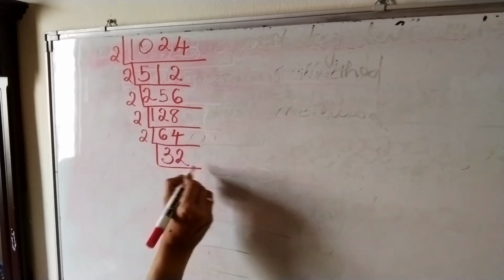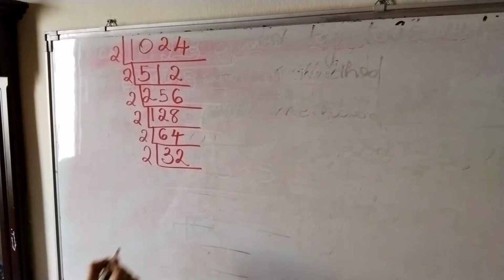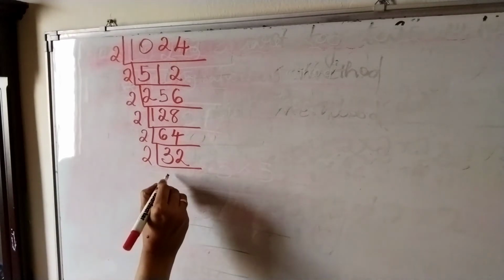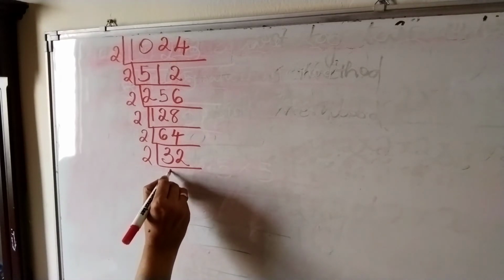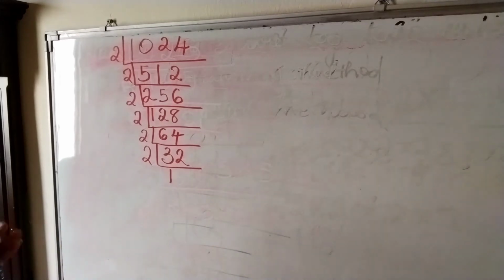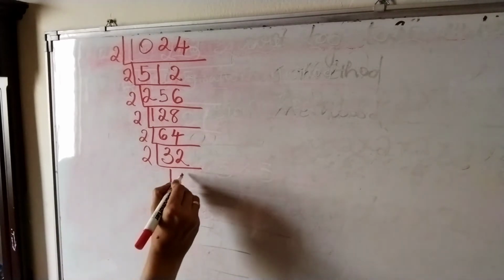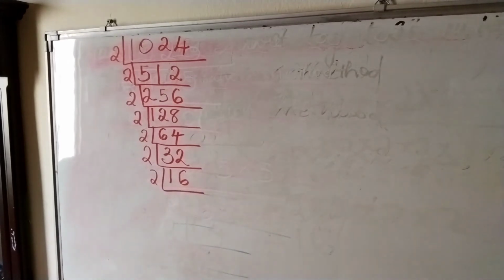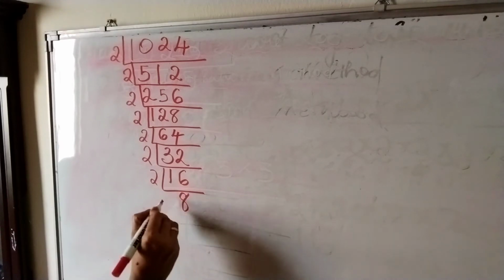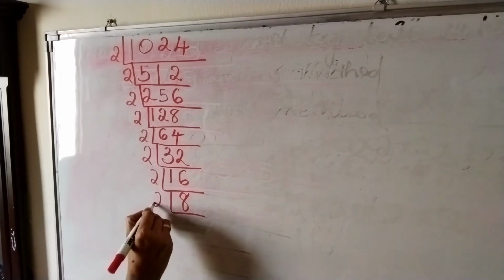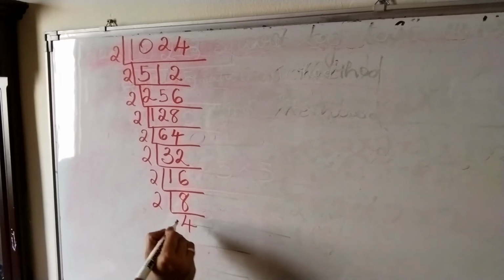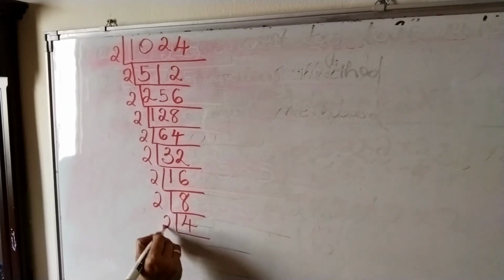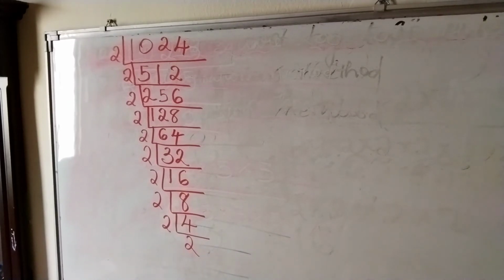Then again 2 will go. 2 ones are 2. Then remaining 3 minus 2, you get 1. 12. 6 twos are 12. Then 2 how many times in 16? 8 twos are 16. Then 2 fours are 8, 2 twos are 4.